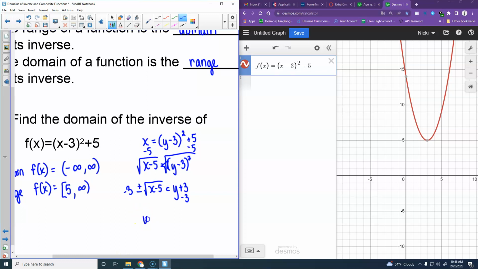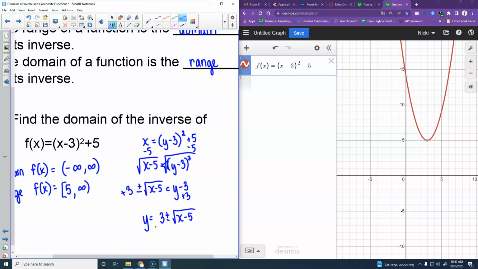Oh, sorry, I made the 3 negative for no good reason. Let's get rid of that negative, because that was supposed to be a positive 3, which means that we should have added 3 to both sides. So we'll have 3 plus or minus the square root of x minus 5.